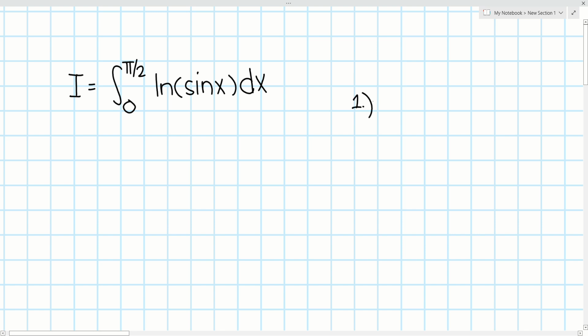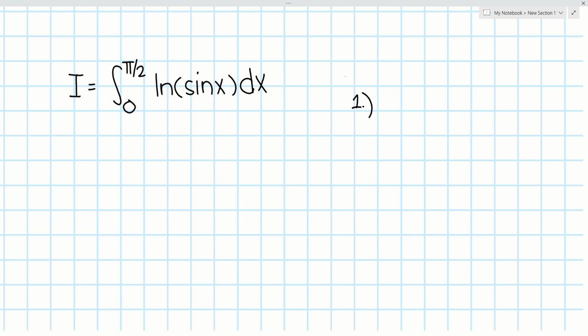One way is the Feynman technique, where you introduce another variable into your system and then manipulate from there to extract the value of your definite integral. That's basically what we did in our very first video on the Gaussian integral. We introduced a variable y, and then we did some double integration.